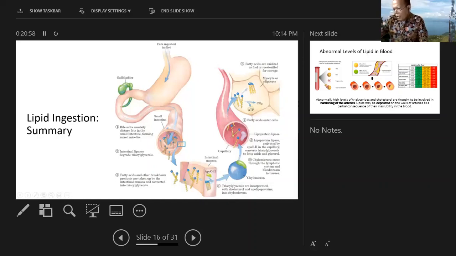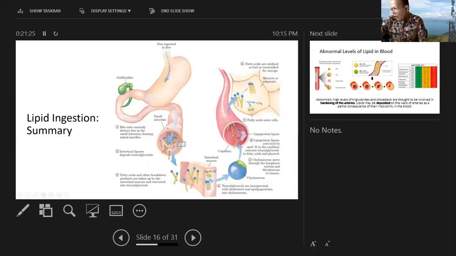And the third one, fatty acids and other breakdown products are taken up by the intestinal mucosa and converted into triacylglycerol. And the fourth one is that triacylglycerols are incorporated with cholesterol and apolipoprotein into chylomicrons.